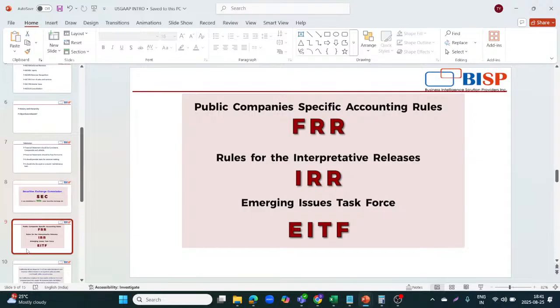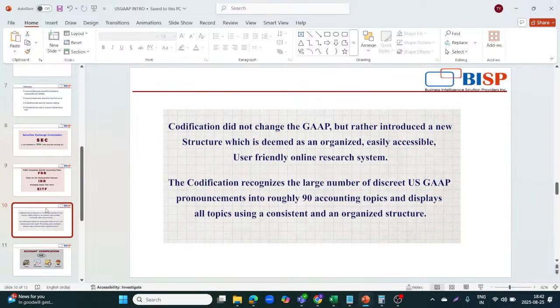So these are the various boards or bodies that have been created for financial accounting standards. Mostly now it is FASB, the Financial Accounting Standards Board. There were so many accounting heads, but now you have FASB.